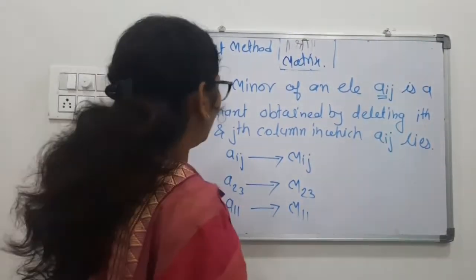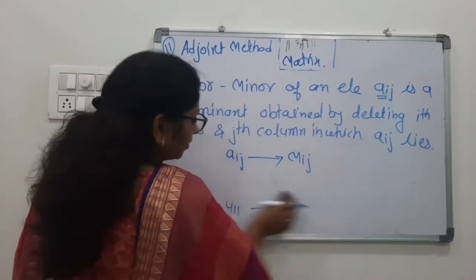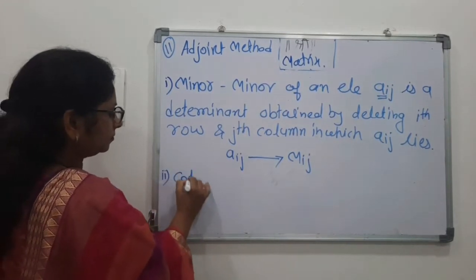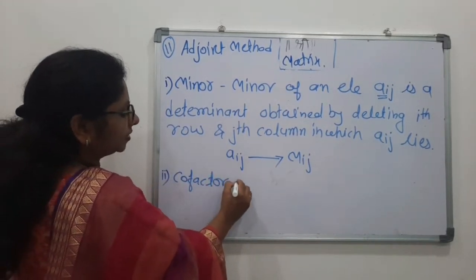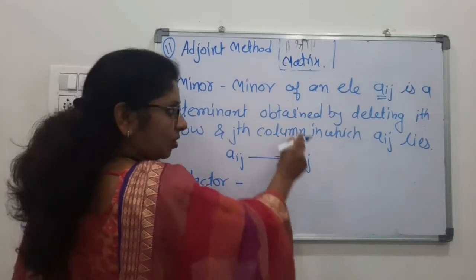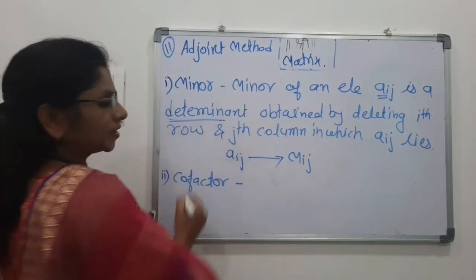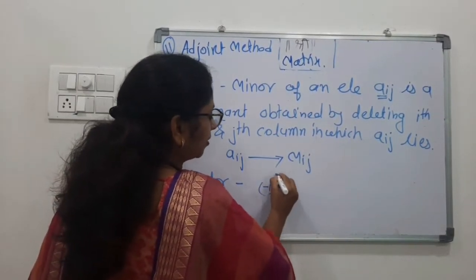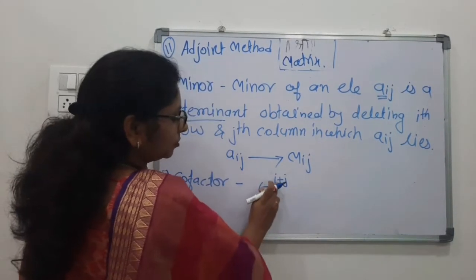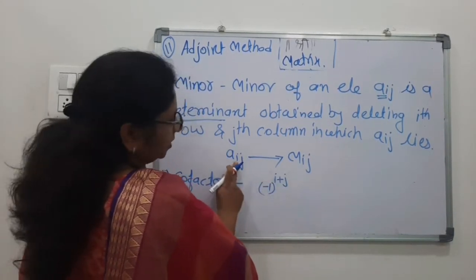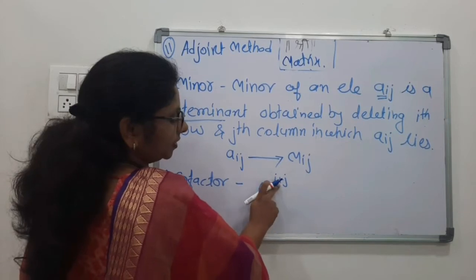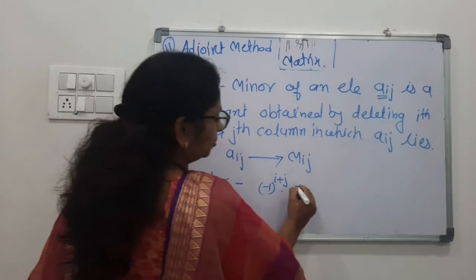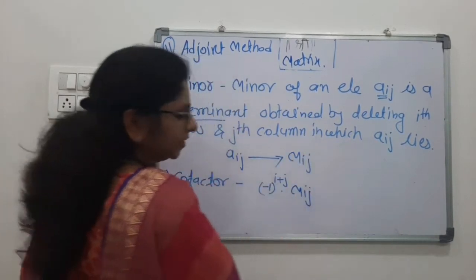Now, depending on this minor, the definition of cofactor is there. So what is a cofactor? The cofactor of an element is also a determinant, given by -1 to the power i plus j, meaning the sum of the row number and column number of that element, into the minor of that element.